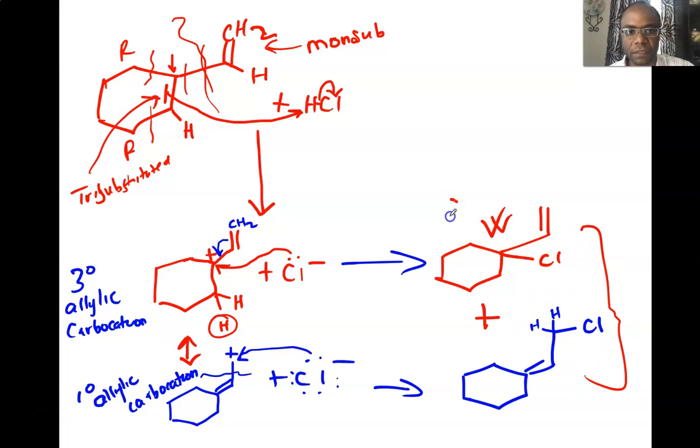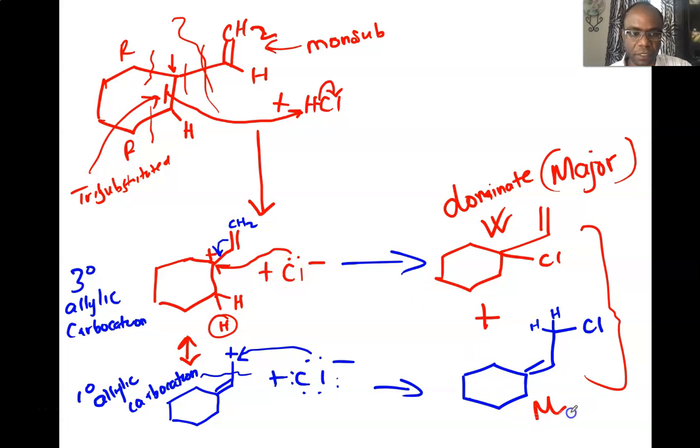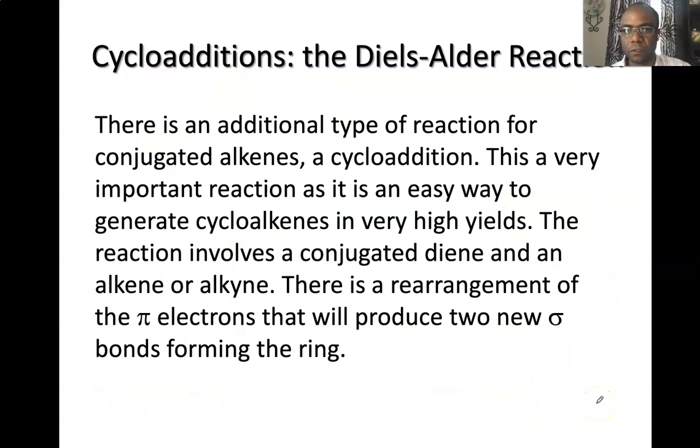Obviously this will dominate. If there's gonna be a mixture at all, this is gonna be the major. Why? It came from the most stable tertiary carbocation already, and then this will be the minor. We will continue from here.